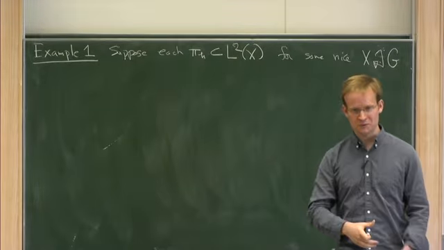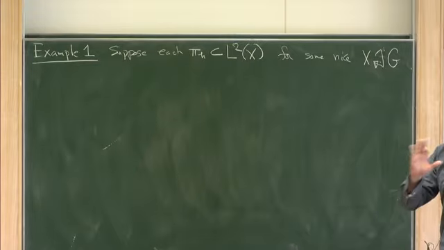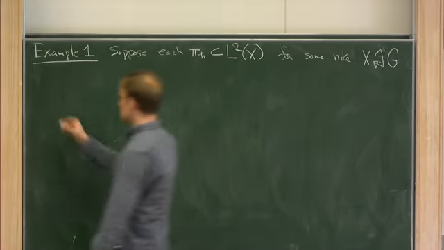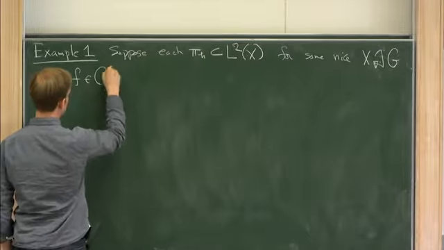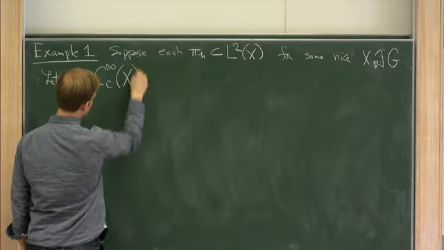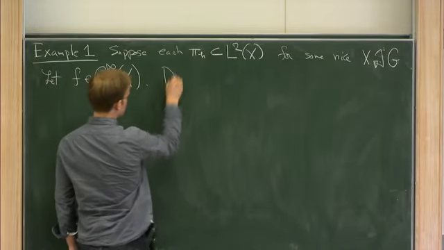So you can take a smooth closed manifold, for example. Some space where integration by parts works. That's what will matter. And then just let f be any, say, fixed, continuous, compactly supported function. It would suffice to even have it just have all derivatives bounded. So we'll define some operators.